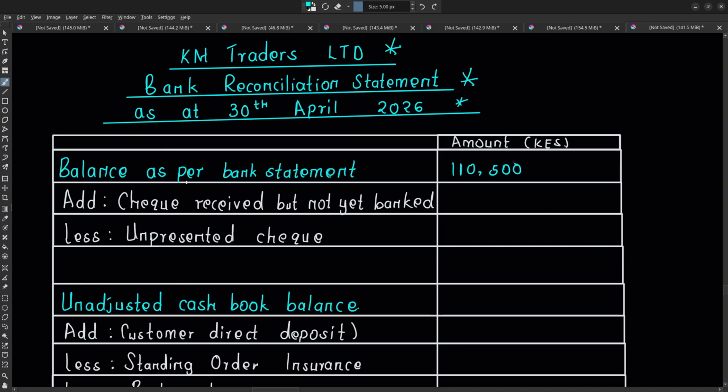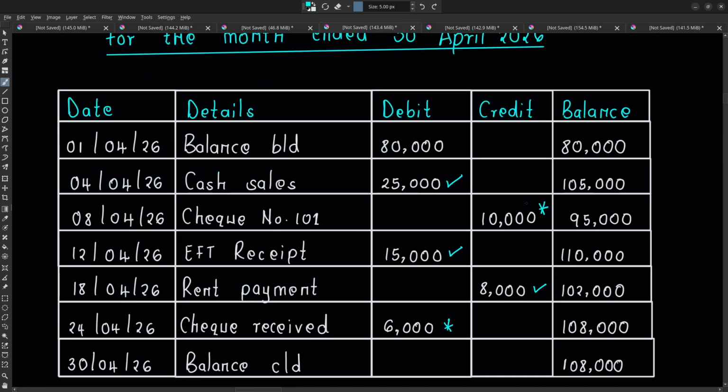As long as there is no error on the bank, which I said is a rare case because bank processes are mostly automated, we add checks received but not yet banked or not yet cleared, which is 6,000. If you check from our cash book, we investigate where this is coming from.